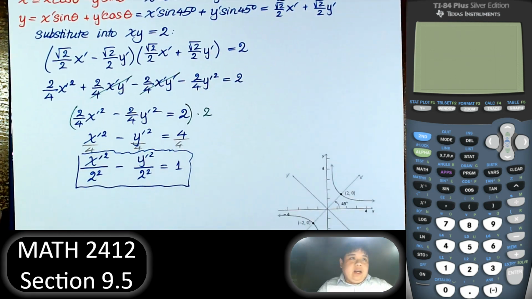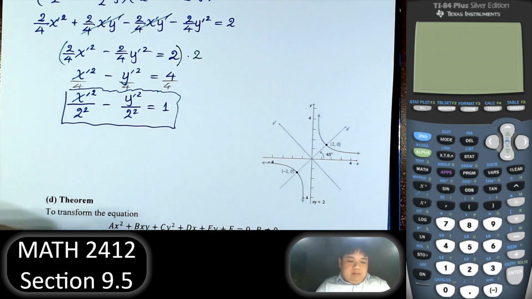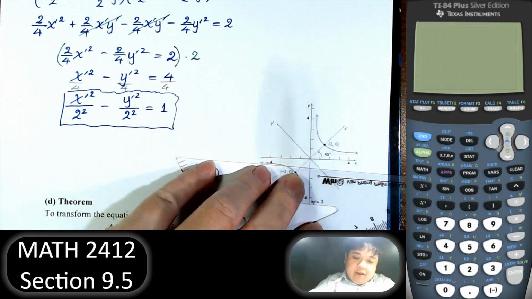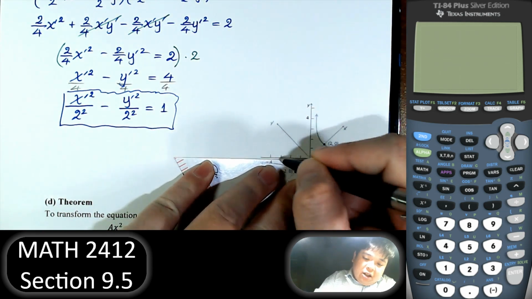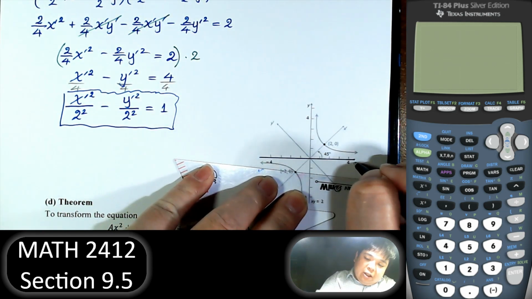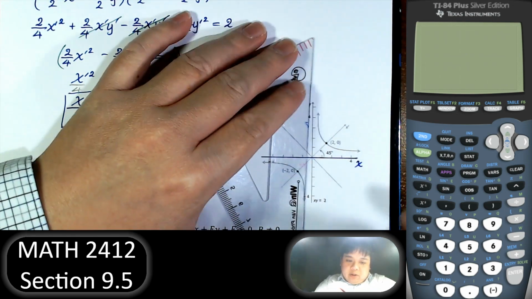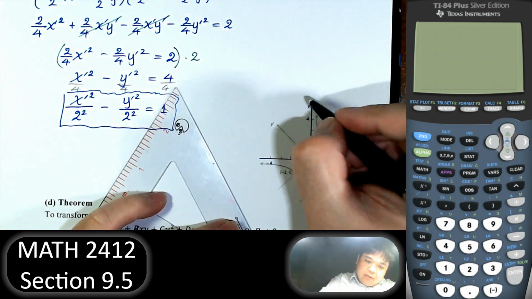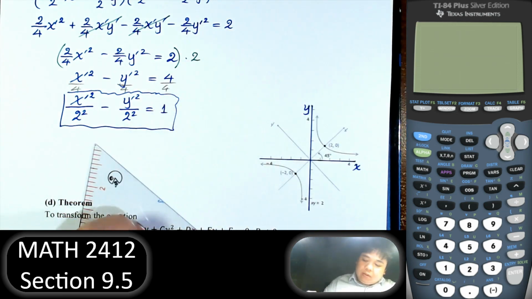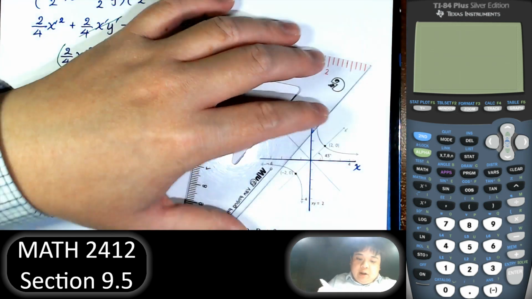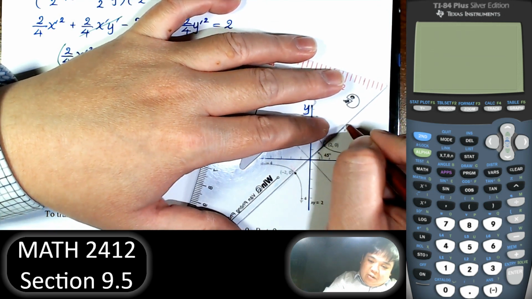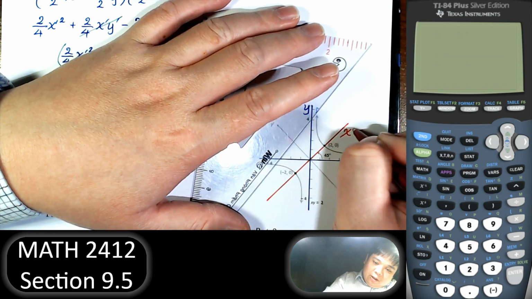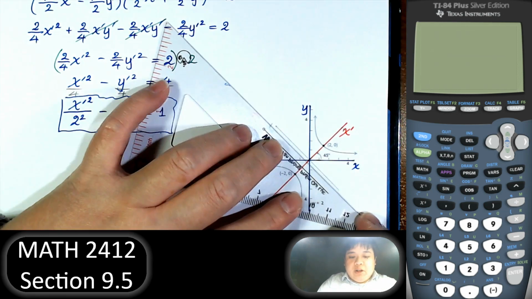Right. Now let's look at the graph. Originally we have x and y, the old axes, horizontal x, vertical y. Now we rotate 45 degrees, the x becomes the new x prime, the y becomes the new y prime.